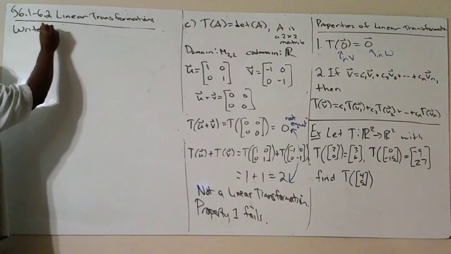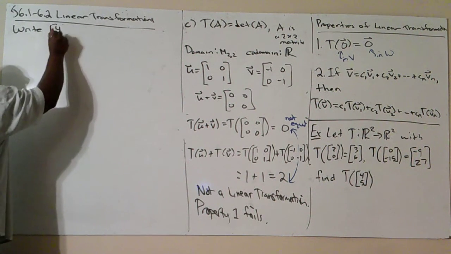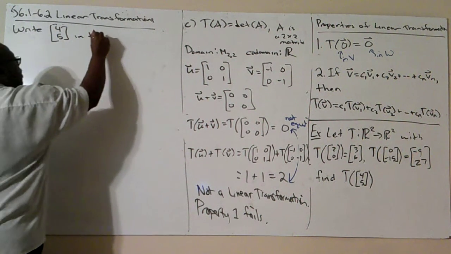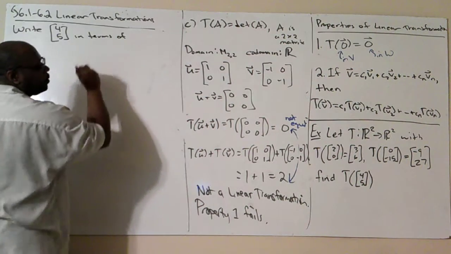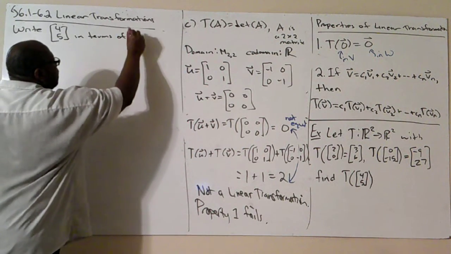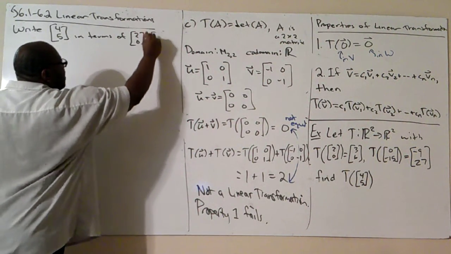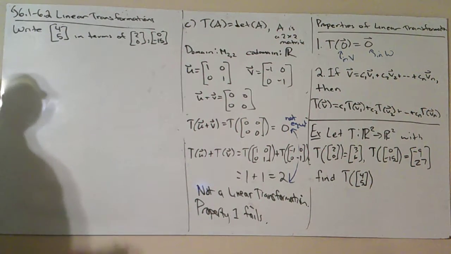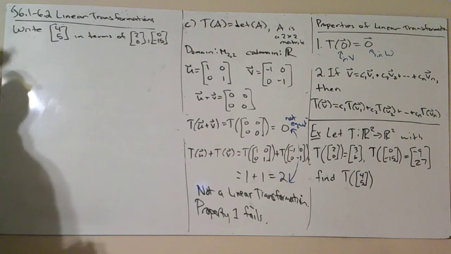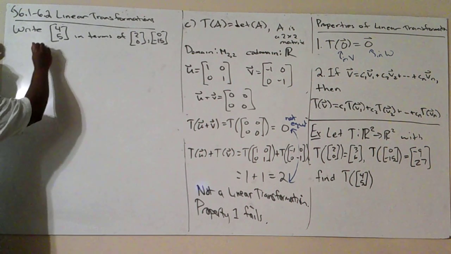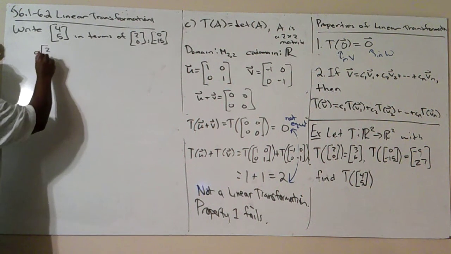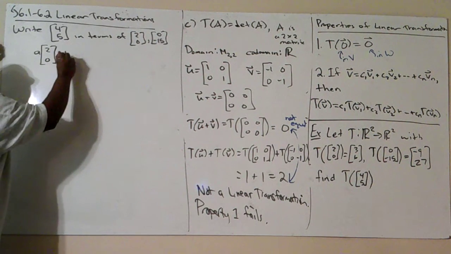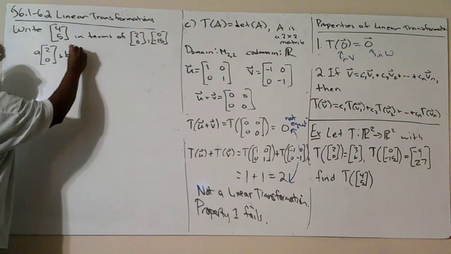Write (4, 5) in terms of (2, 0) and (0, -15), right? Essentially, I need to find the linear combination of those two vectors that would get me (4, 5). We've done this type of thing so many times. It's not even funny anymore, when you think about it.